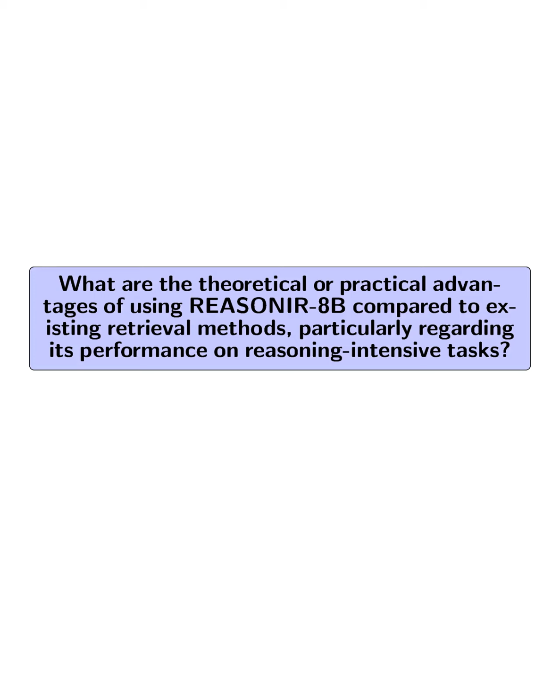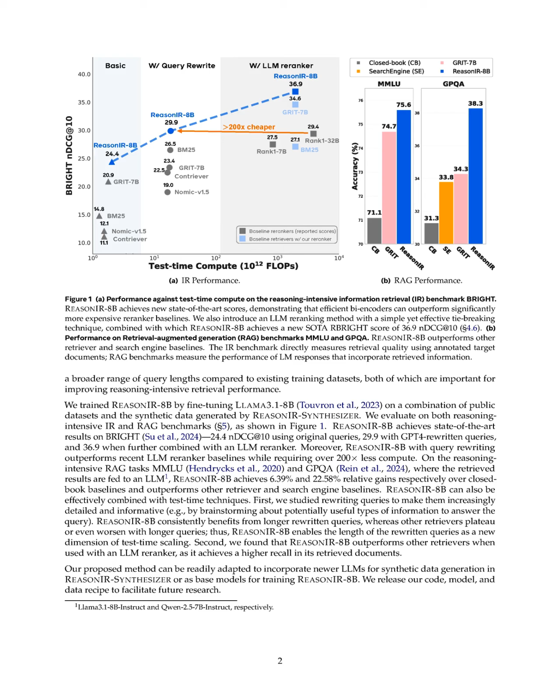What are the theoretical or practical advantages of using ReasonIR 8B compared to existing retrieval methods, particularly regarding its performance on reasoning-intensive tasks? ReasonIR 8B offers significant theoretical and practical advantages over existing retrieval methods, particularly in its performance on reasoning-intensive tasks.